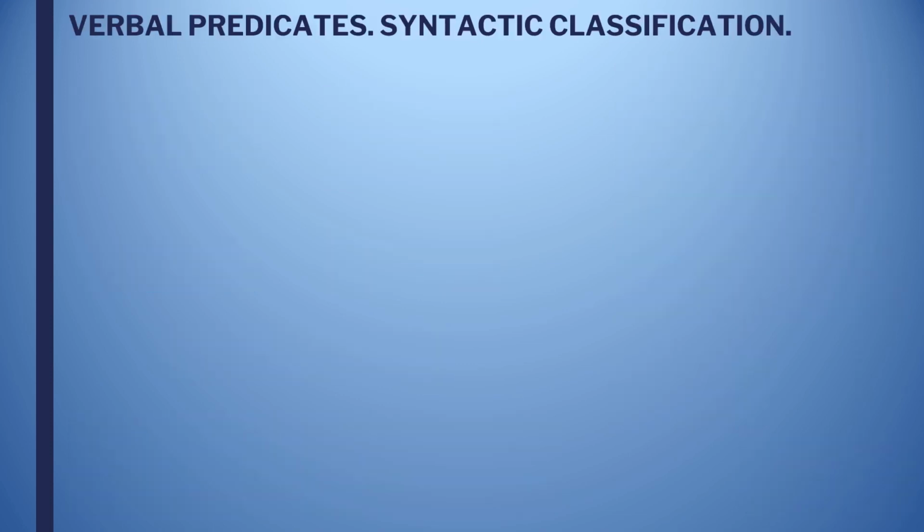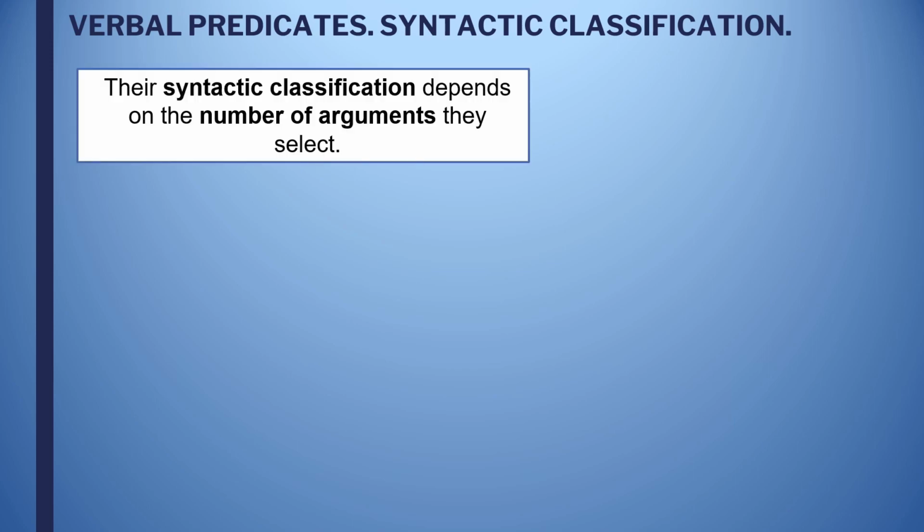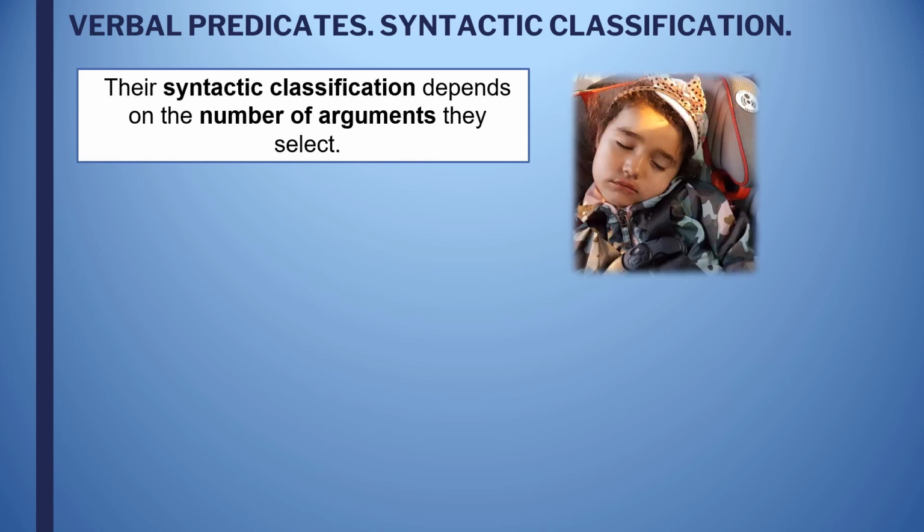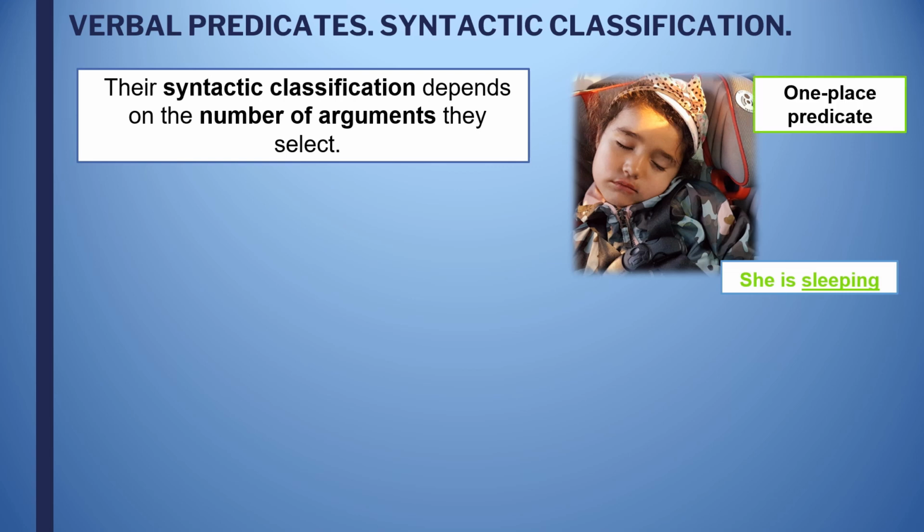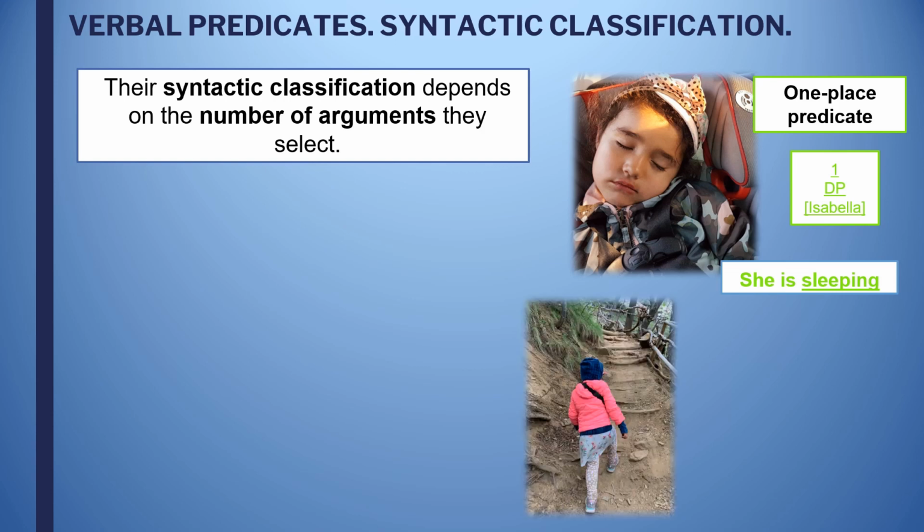Verbs behave differently considering their syntax. That is, the number of arguments they select. Later, we will see their names in detail, but as we will see, considering their number of arguments, verbs can be one-place predicates, as in she's sleeping, where the verb sleep selects one argument, the DP she.